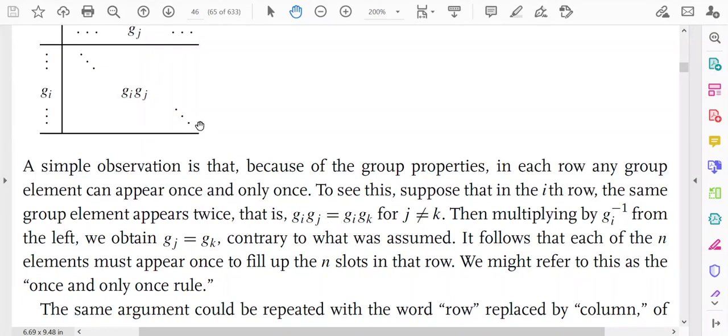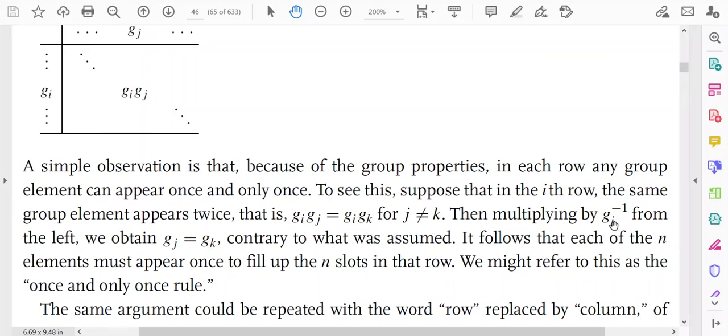Gi Gj has been formed by the multiplication of Gi and Gj, and suppose there is Gk here, and by the multiplication of Gi and Gk you obtain Gi Gk, and these two elements are the same, as we are assuming that the group element appears twice. So Gi Gj is equal to Gi Gk for j not equal to k.